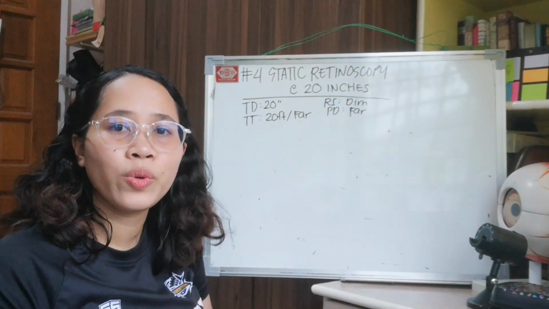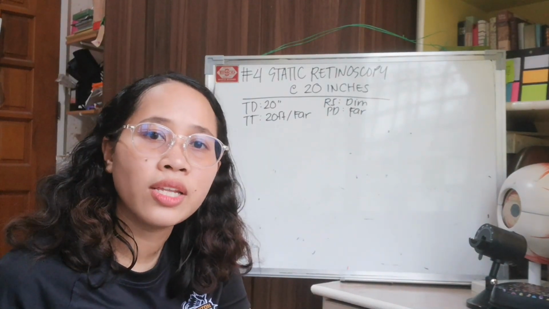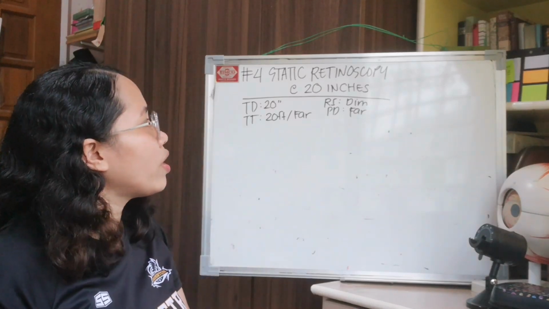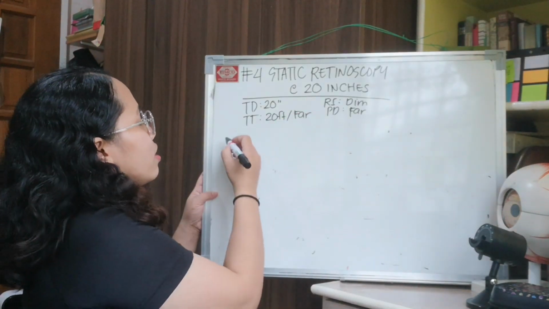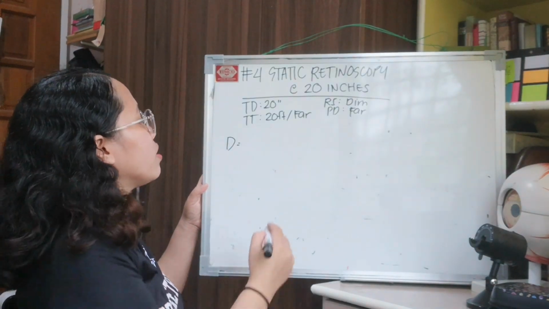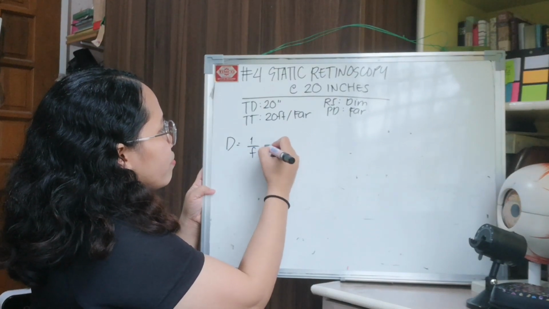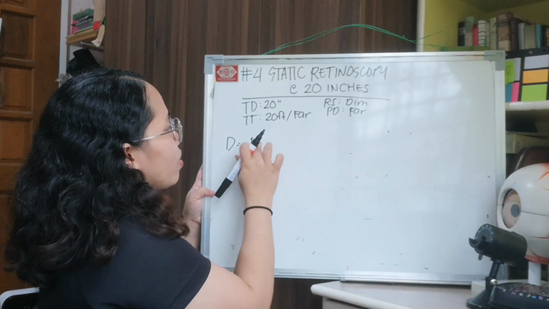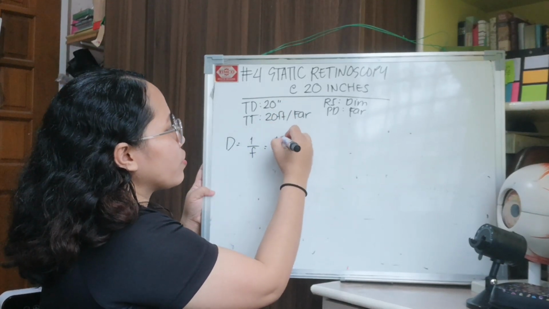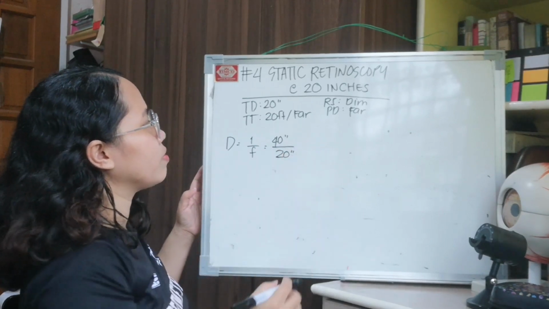Okay, so where do we get the working distance lens? The working distance lens will depend on the test distance. So if you are using 20 inches, we will go back to the dioptric formula, 1 over F. So 1 meter, because it's inches, we will use 40 inches, over 20 inches.